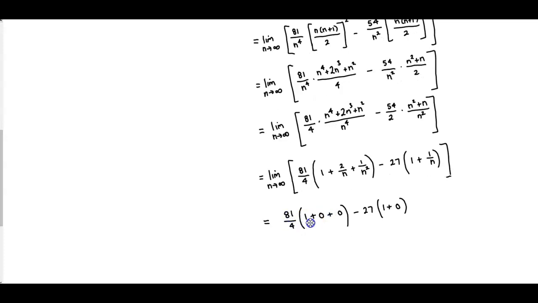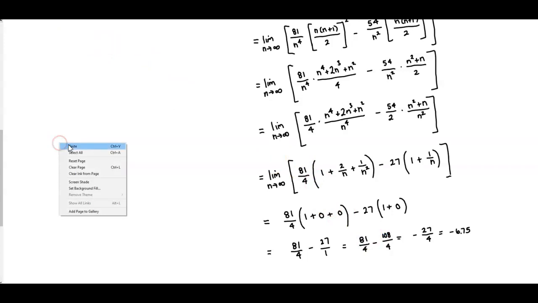So technically this is 81 over 4 times 1 minus 27 times 1, which is 27. Which we therefore get 81 over 4 minus, and this is 108 over 4, so we get negative 27 over 4, which equals negative 6.75.